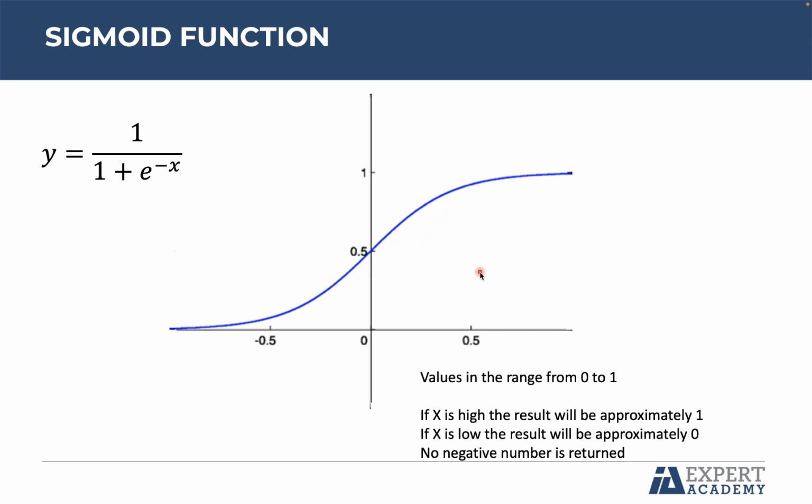If it is a high number, the value will be positioned at the top of the graph. Otherwise, if x is a small value, the result will be approximately 0. So the number will be positioned at the bottom of the graph.